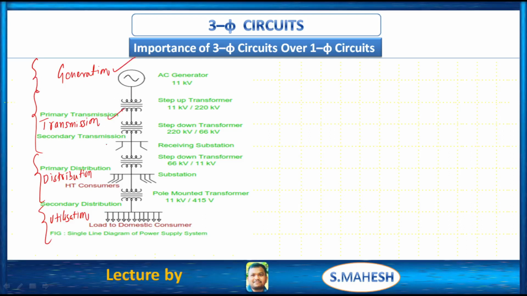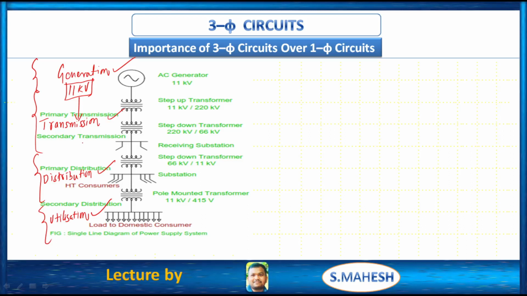transmission, distribution and utilization. For example, if you consider a power plant, from that power plant we will have, for example, 11 kV of voltage. That 11 kV of voltage can be stepped up to some voltage. That stepped up voltage can be transmitted through these transmission lines.